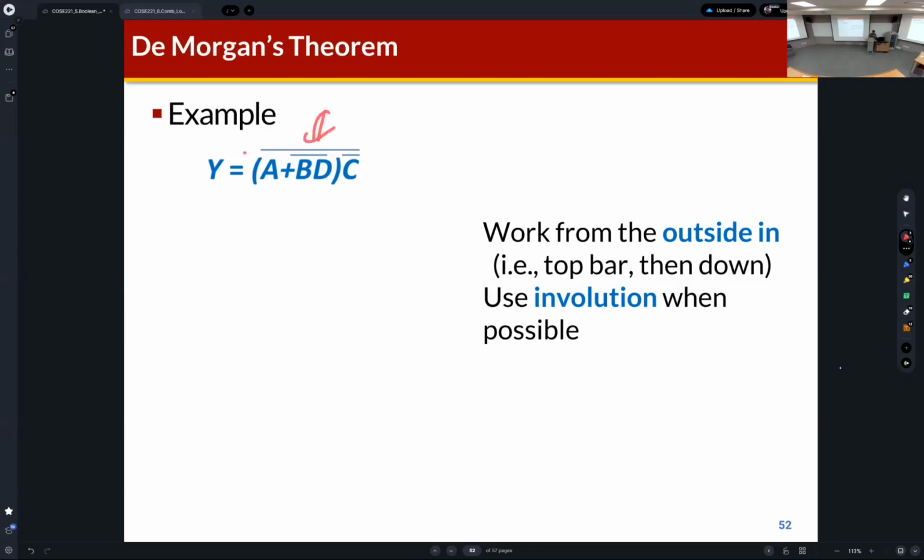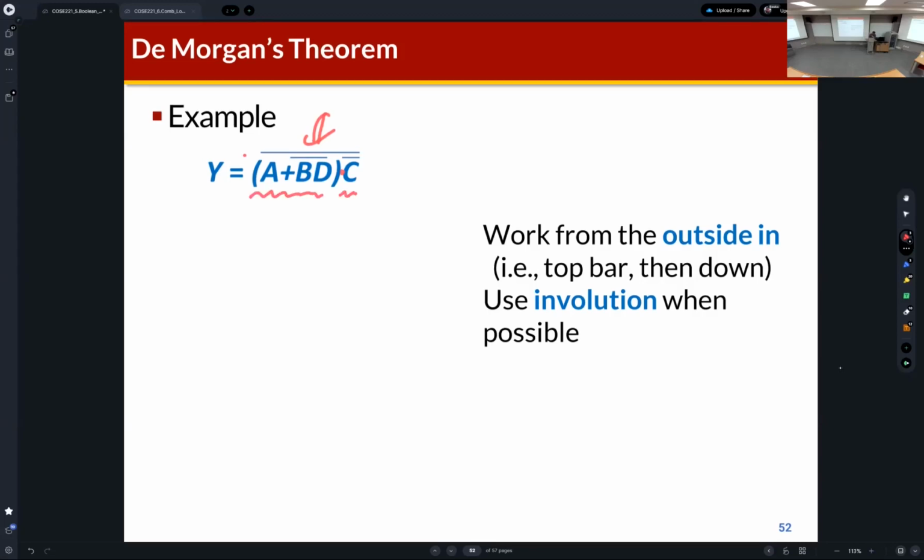We can start from outside to the inside. You can find the outside bar, the most outside bar here. This is the longest bar. What does that mean? This is the multiplication under the longest bar. We know that this equation has two terms, these terms and these terms.